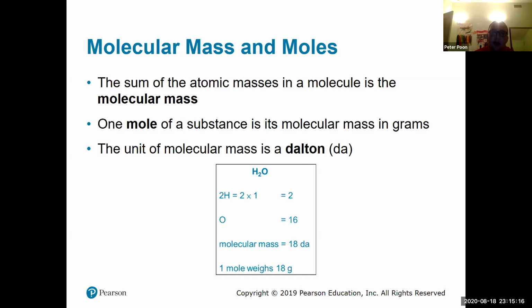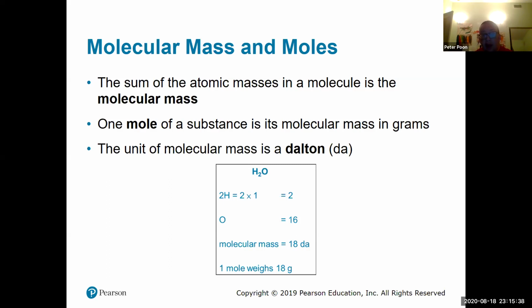Molecular mass and moles. The sum of atomic mass in a molecule is the molecular mass. So for water, H2O, each hydrogen is 1, and the oxygen is 16. You add them up and you get 18.